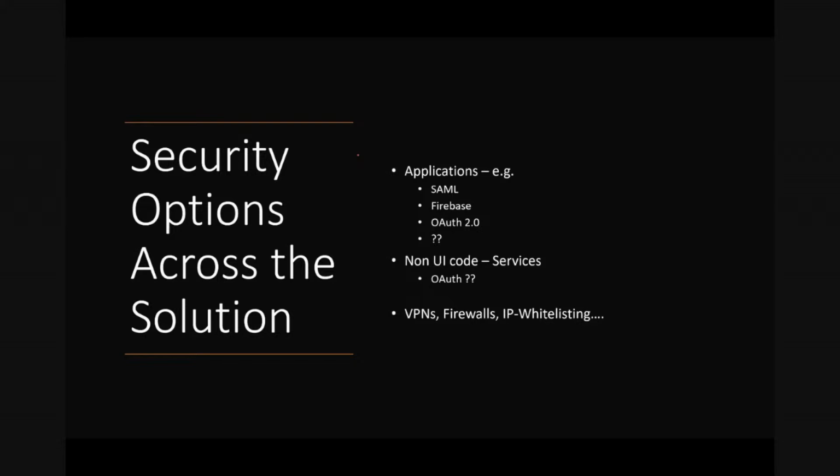And then, obviously, there are other things that shouldn't be dismissed, things like VPNs, of course, firewalls, of course, and things like IP whitelisting. We want to do as much as we can to secure down our applications and our solutions. Things like IP whitelisting get to be a little bit more challenging these days, particularly with cloud-based solutions, where any of these requests coming from your services within the cloud can come from a multitude of source IP addresses.